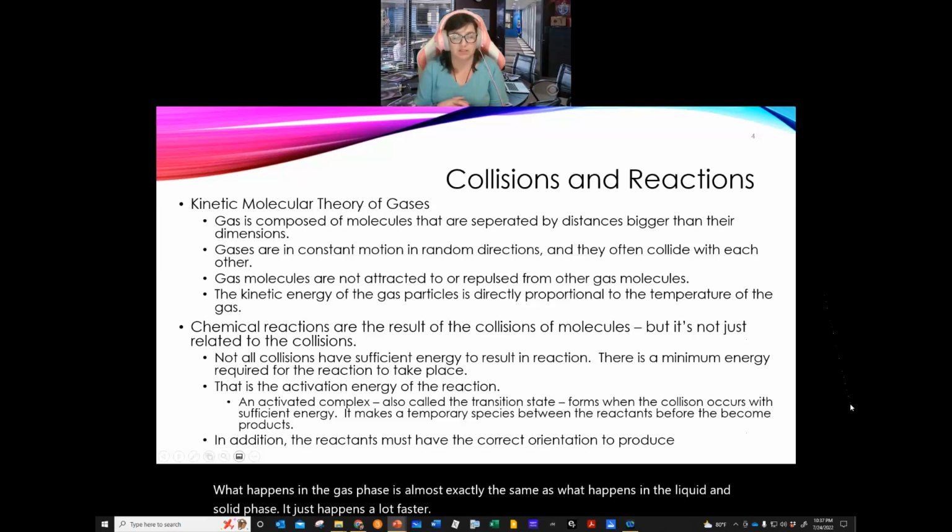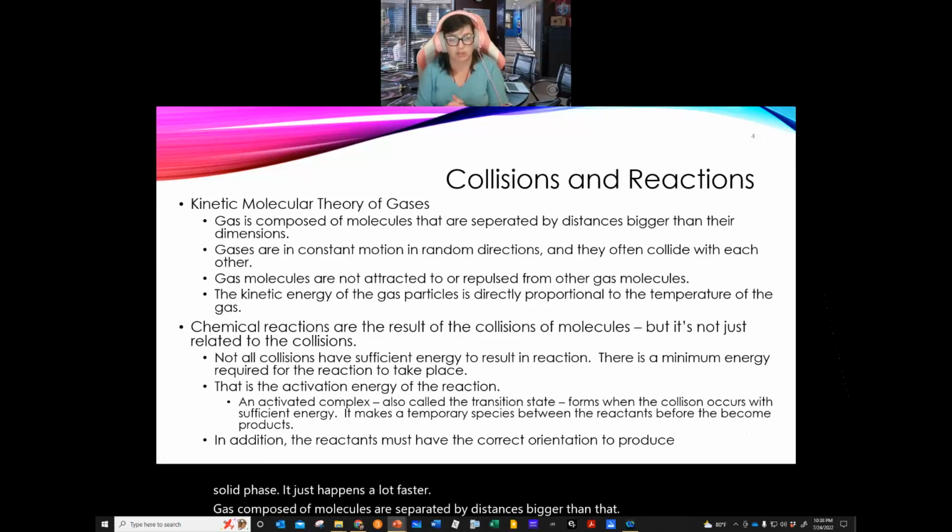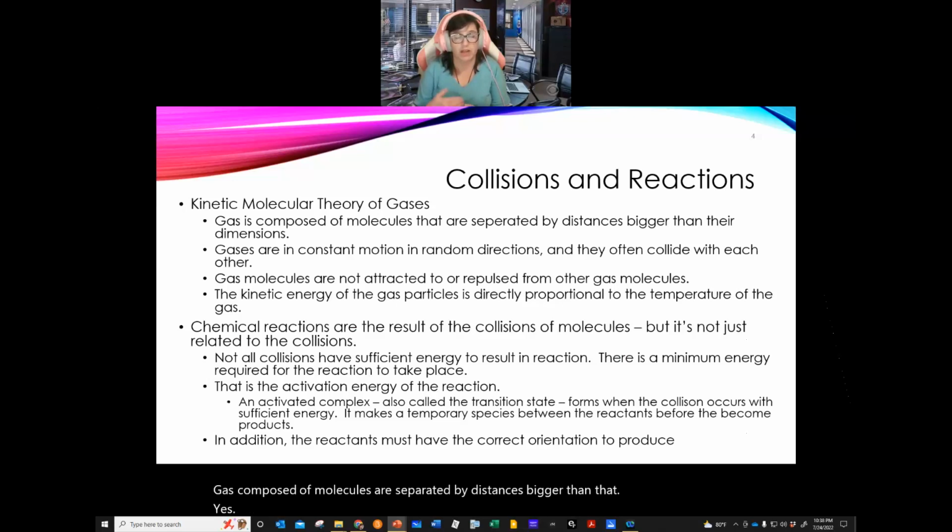So we make a couple of assumptions when we talk about the gas phase. We assume that gas is composed of molecules that are separated by distances bigger than their dimensions. Gases are in constant motion in random directions, that they often collide with each other, and that gas molecules are not attracted to or repulsed from other gas molecules. The kinetic energy of the gas particles is directly proportional to the temperature of the gas.